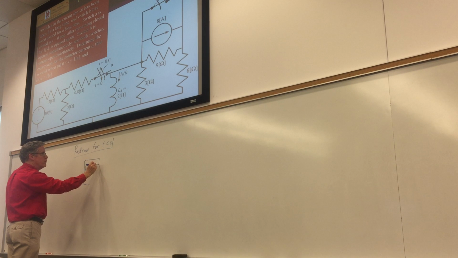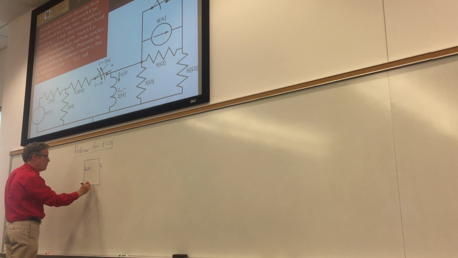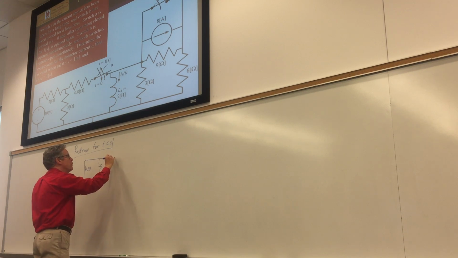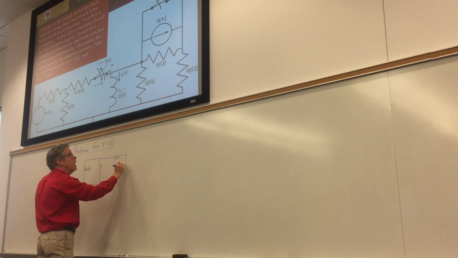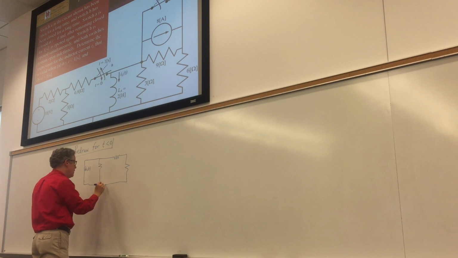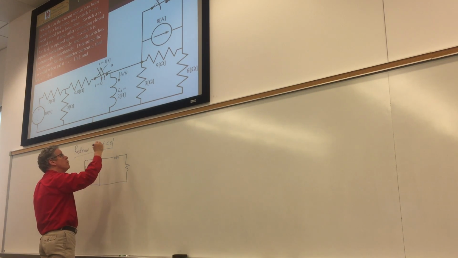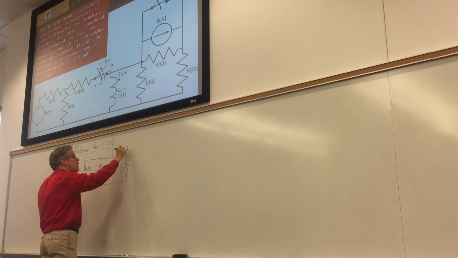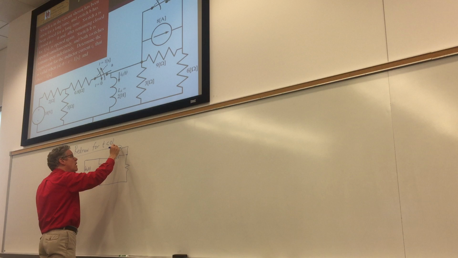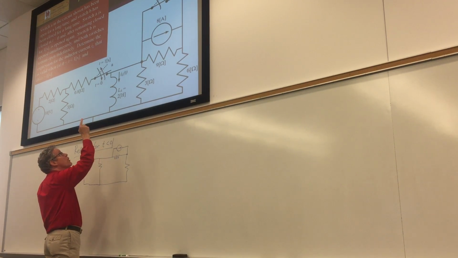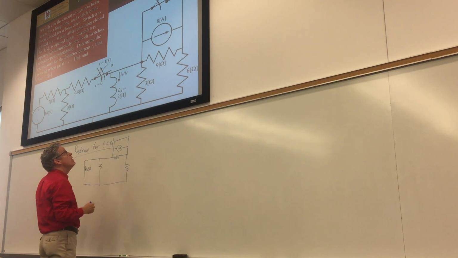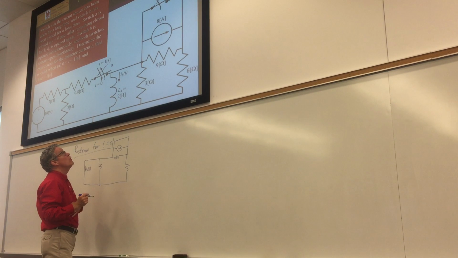Then I have a resistor, and a resistor, and a resistor, and a current source. And a wire, and that one, well, that's a wire, that's a switch, and it is closed for t less than 0.